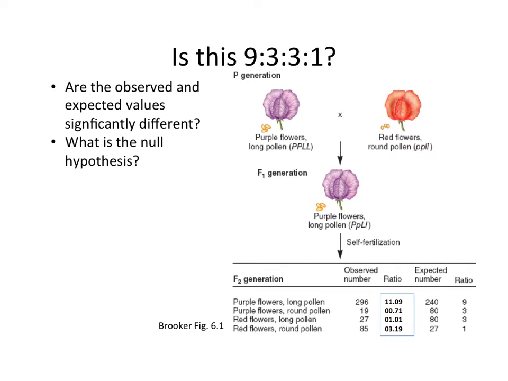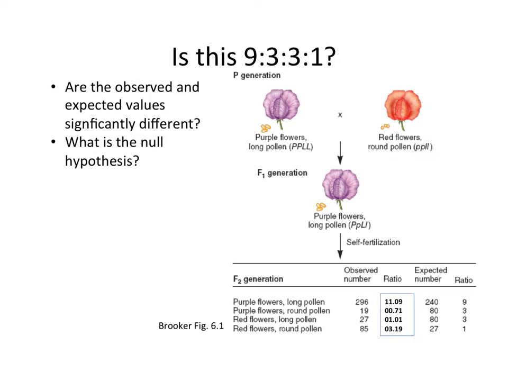So how do we know whether or not their observed and their expected data are different? Are they different? They're not the same. So we're going to use a chi-square test to distinguish, do the observed and the expected values match or not?